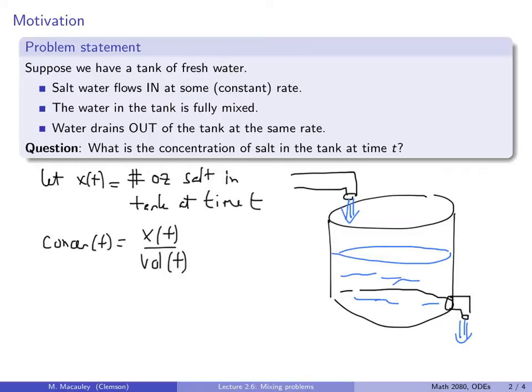I said this is a tank, but it doesn't have to be a tank. In real life, it might be something like a lake. This is a lake of fresh water, and this might be a river upstream, and there might be a chemical plant on the river that is dumping some sort of chemicals in the lake. And then this is a river that exits the lake.